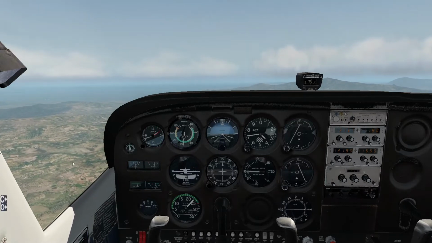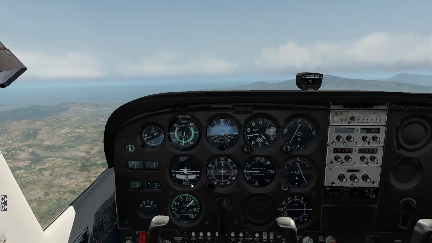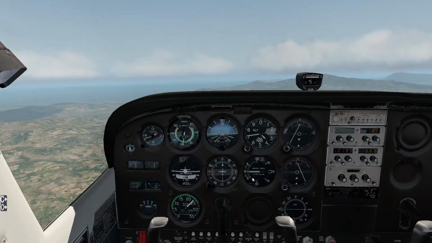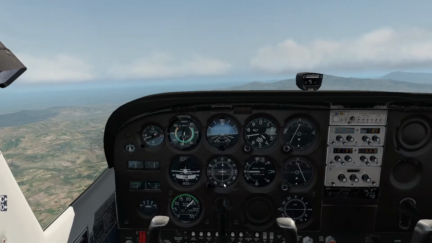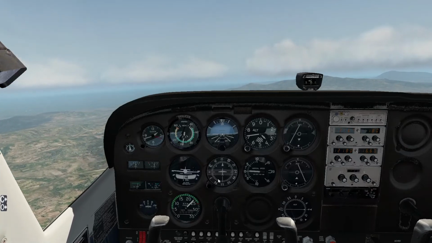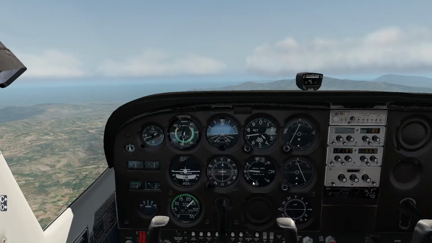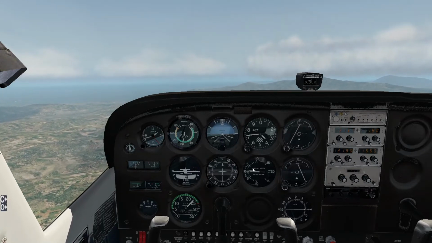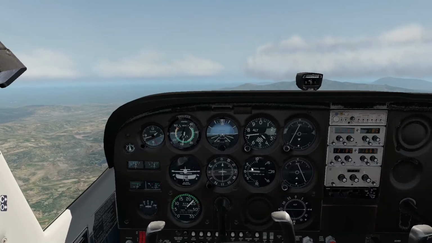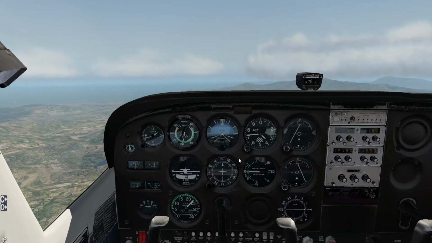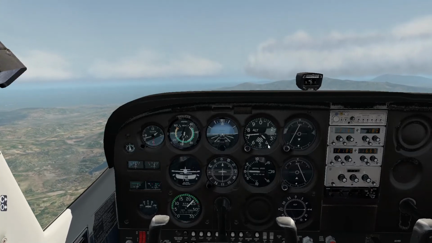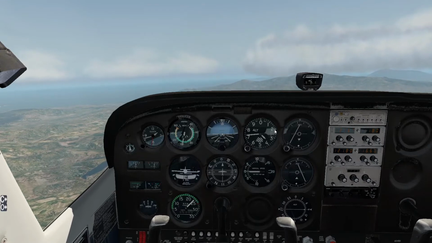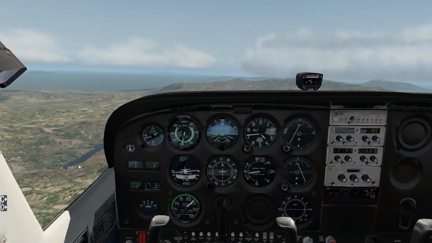We would try to use a rate 1 turn, which will give us a change of 180 degrees in exactly 1 minute, and at the same time we will try to maintain a vertical speed of plus 500 feet per minute in order to roll out at 330 at a new altitude of 4,200 feet.